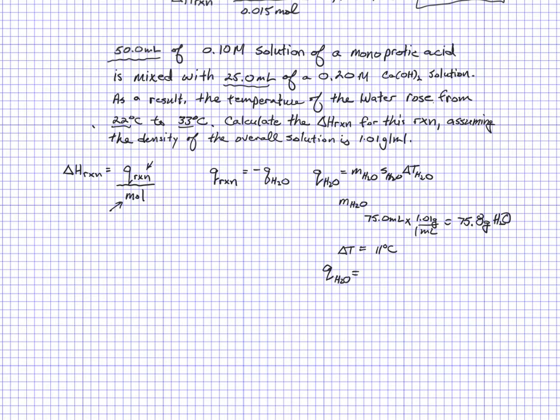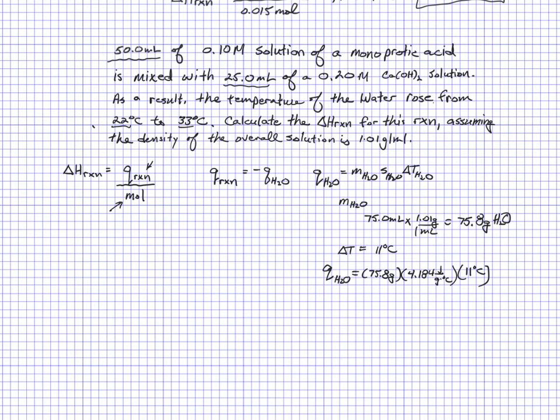We're going to take the mass, multiply it by the specific heat of water, which is 4.184 joules per gram degree Celsius, times the temperature change, which was 11 degrees Celsius.